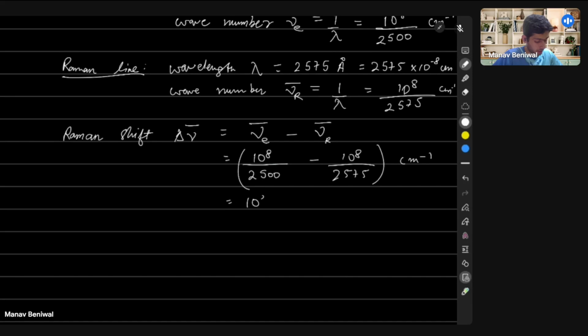Let's take 10 to the 8 outside, and inside we will have 2575 minus 2500 divided by 2500 into 2575 per centimeter.